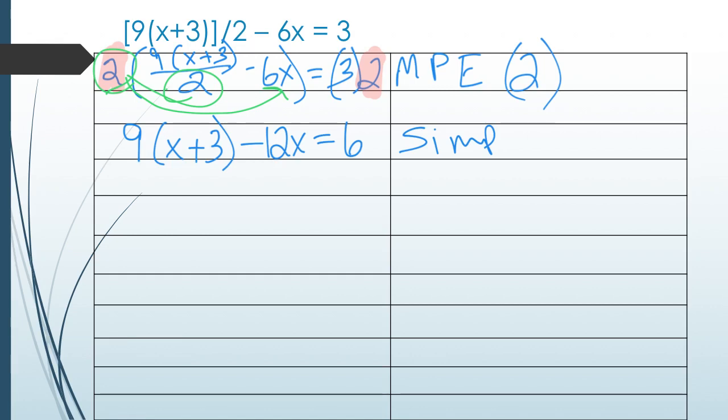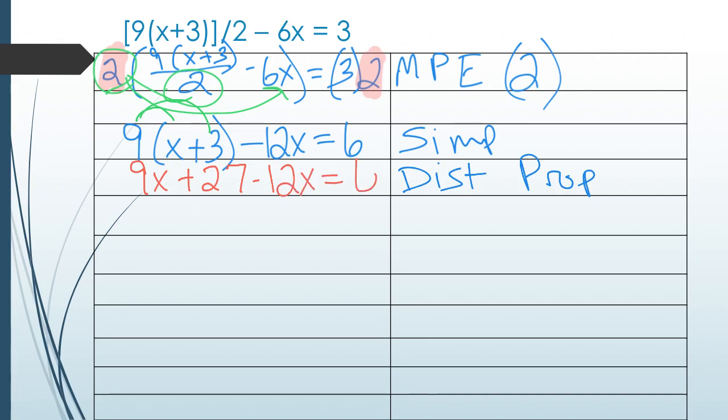So next, I'm going to use my distributive property. And I'm going to distribute here the 9 to both of those. So I end up with 9x plus 27 minus 12x equals 6.